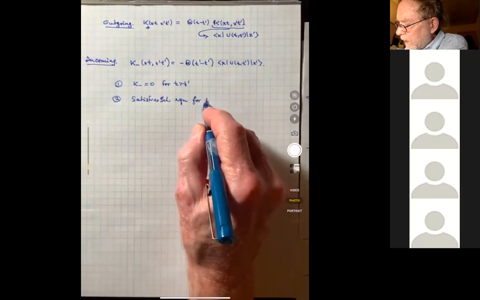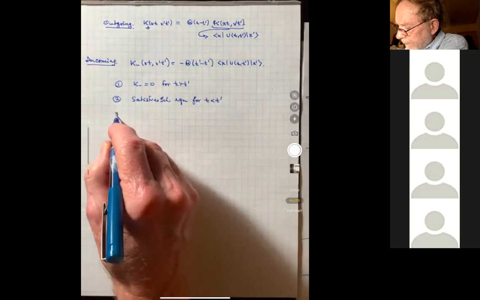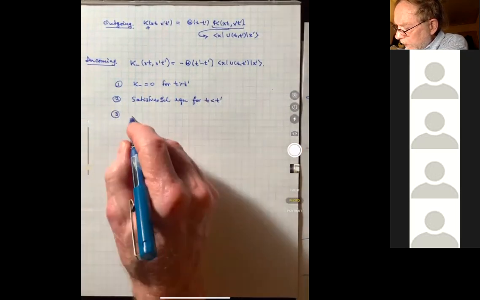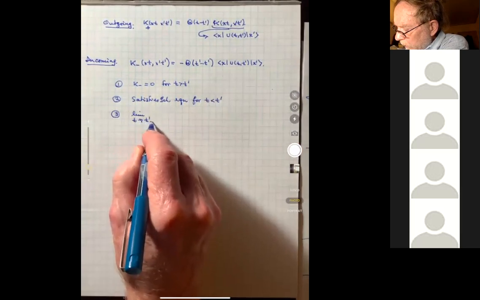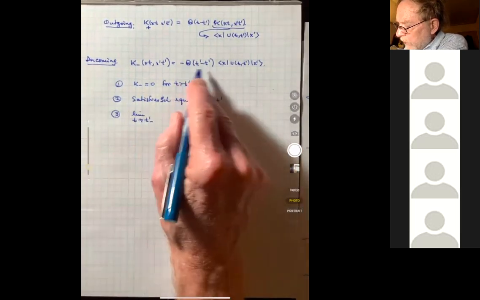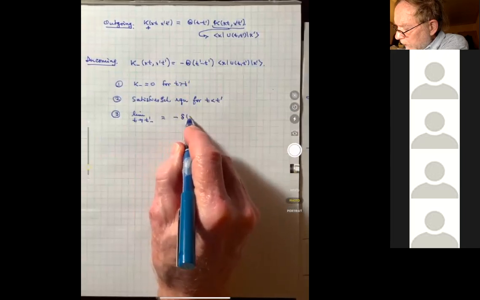So it's for negative times that we're really interested in, and it satisfies it for negative times. And the third one is that the limit as t approaches t prime from below, where the theta function is always 1, gives us, with a minus sign, delta of x minus x prime.